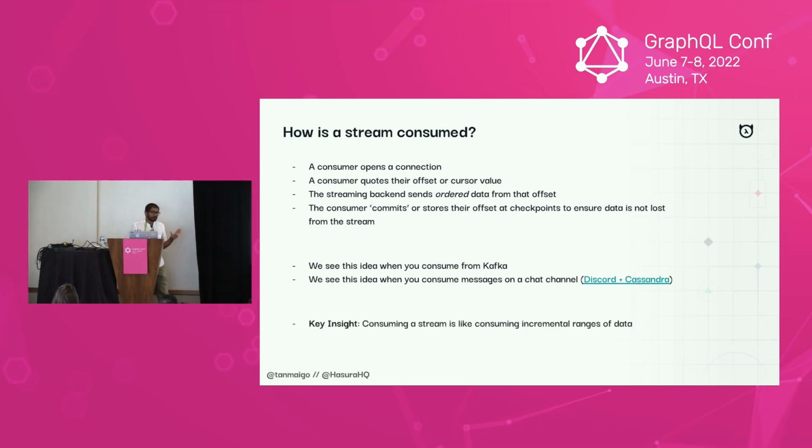But the idea is that from the client perspective, when you look at this model and think about the underlying backend system, consuming a stream is essentially consuming incremental ranges of data.